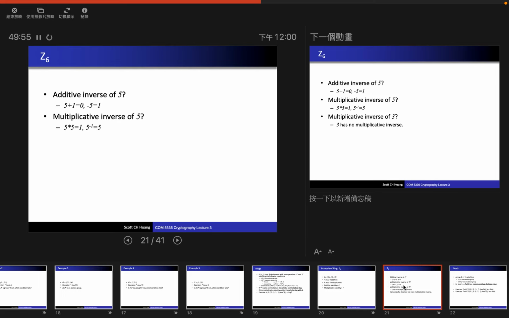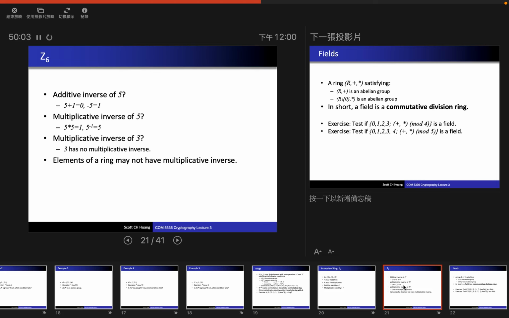Multiplicative inverse, only 1 and 5 have a multiplicative inverse. 3 has no multiplicative inverse. So the elements of a ring may not have a multiplicative inverse. This behaves exactly like the set of integers. So you have 3 operations. That's why I said there are 3 operations, because division may fail.